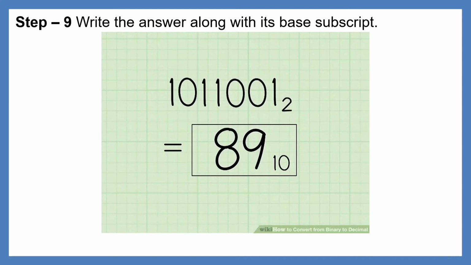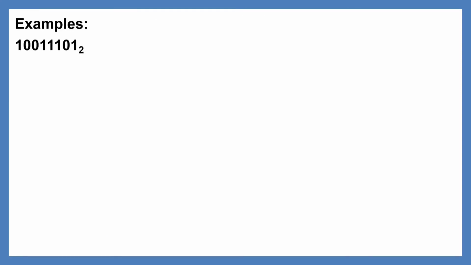Okay? So let's have an example. This example of a binary number is like the example in the previous method. We have 1001101 base 2. Let us have this example so that we can compare the answer in this method to the previous method.